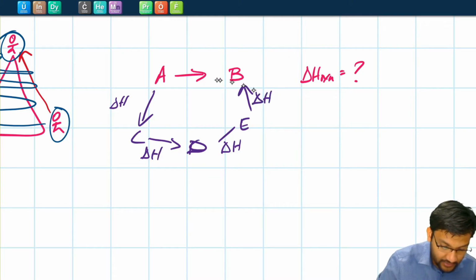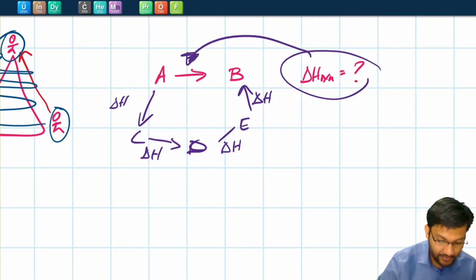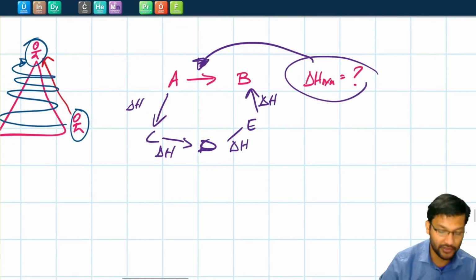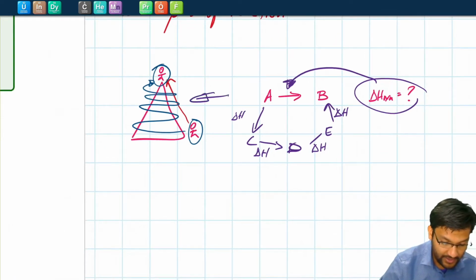All we need to do is add them up to get the enthalpy change for the A going to B reaction, because it doesn't matter the path you took to get there, whether it's a direct path or a very convoluted path, you should get the same answer because it's a state function. Similar to the climber, doesn't matter the path.